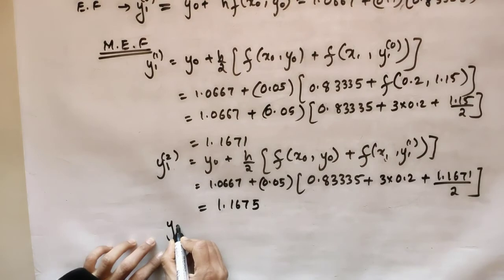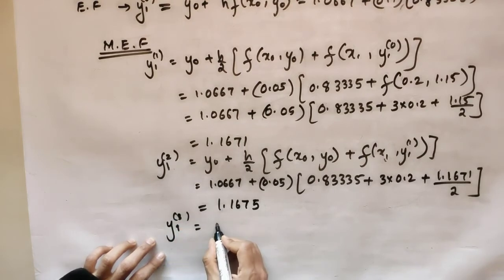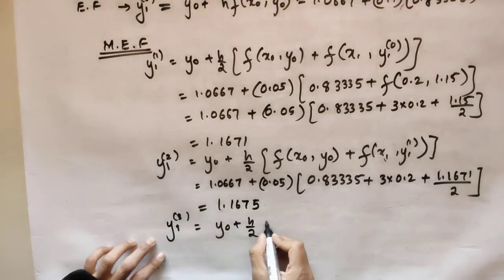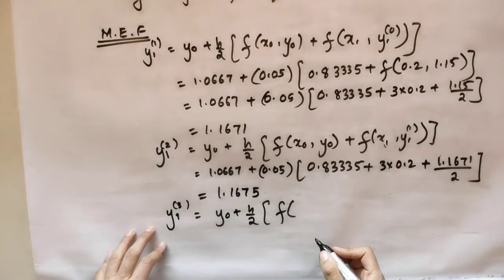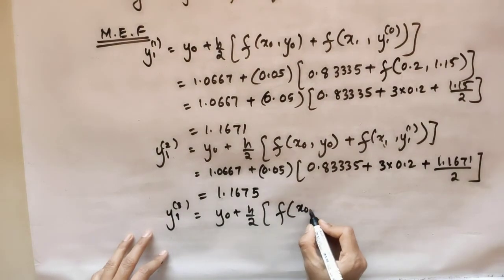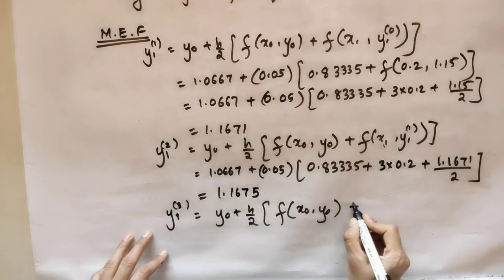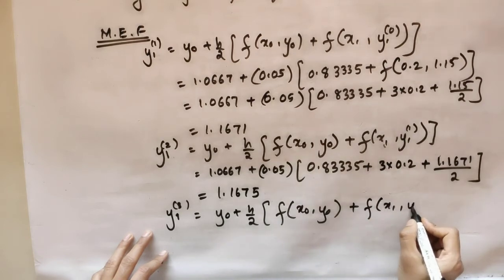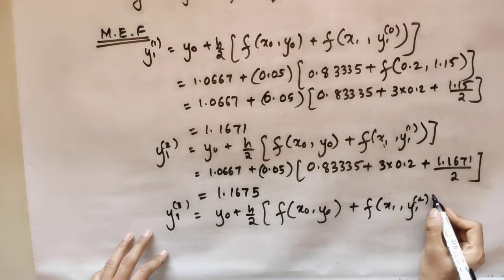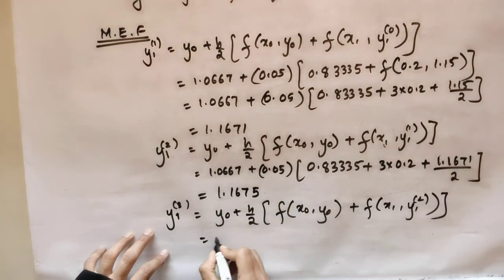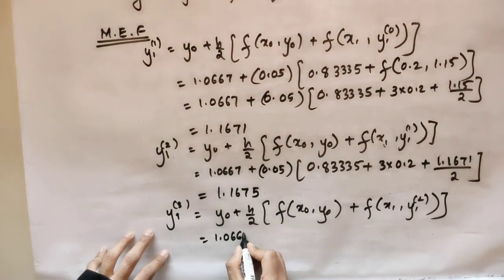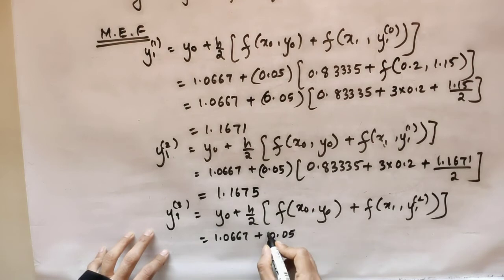Similarly, go for the y1 third approximation. Use the formula and substitute the values, with the y1 second approximation this time. I am going to substitute these values directly. I hope you will get used to it when you start working.